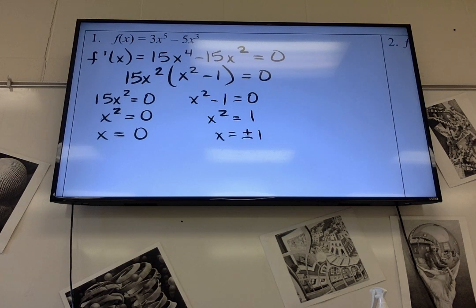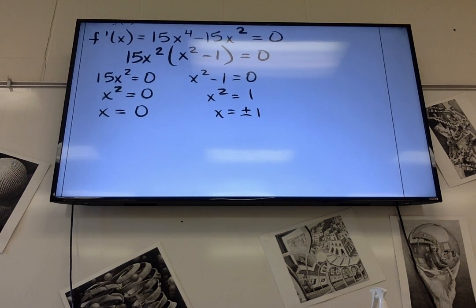Then you're going to plug it in and figure out if they're both right. So now what we're going to do is make what's called a sign chart. S-I-G-N. Putting them in order from least to greatest, we have negative 1, 0, and 1.